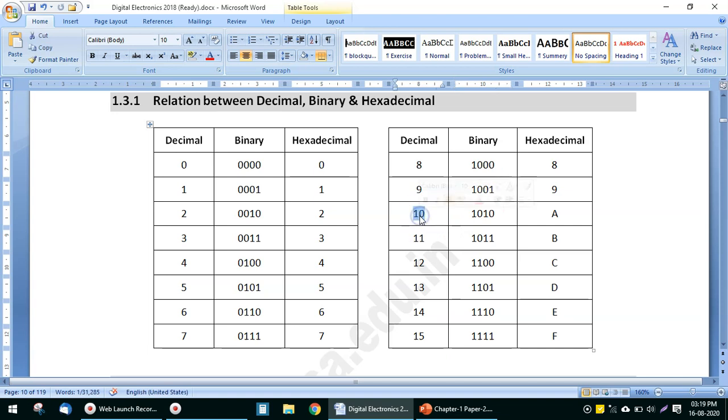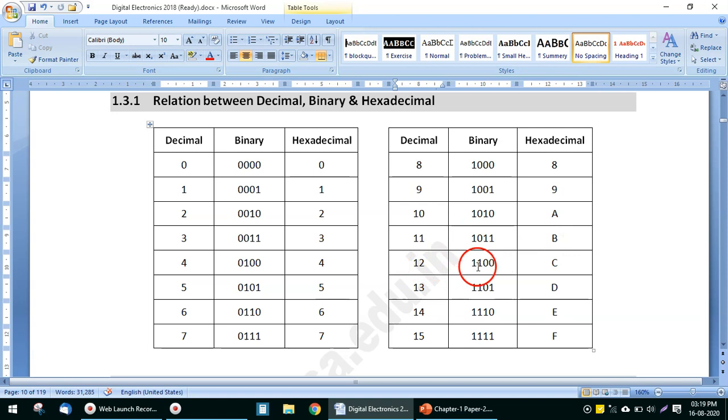For decimal value 10, the binary is 1010, that is 8 plus 2, and the hexadecimal value will be A. Then for 11 it is B, binary 1011.